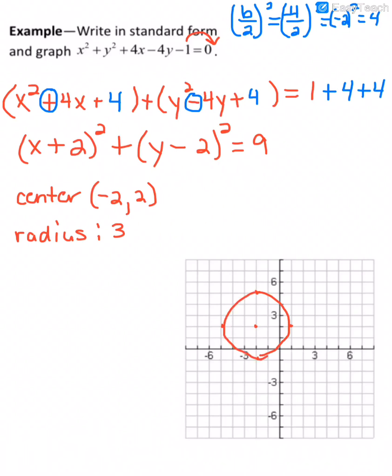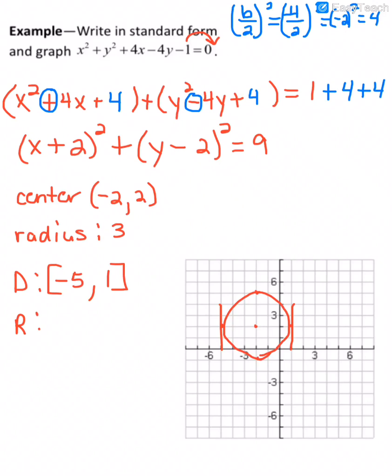And that's our circle. Okay, so just to practice, let's go ahead and find the domain and the range of the circle. We need to see how far it goes left and right for our domain. The farthest it goes to the left is -5, and to the right is +1.